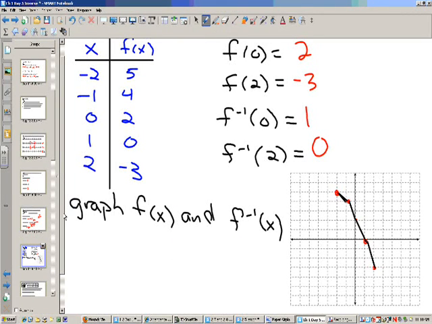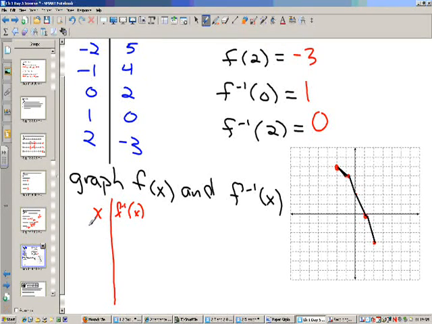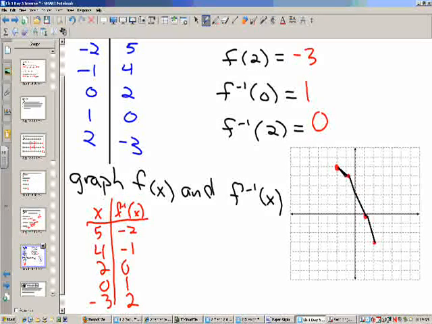Now to graph the inverse, I flip the x and the y's around. So instead of having the point negative 2, 5, I have the point 5, negative 2, or 4, negative 1, 2, 0, 0, 1, and negative 3, 2. So now I'll put those points on.